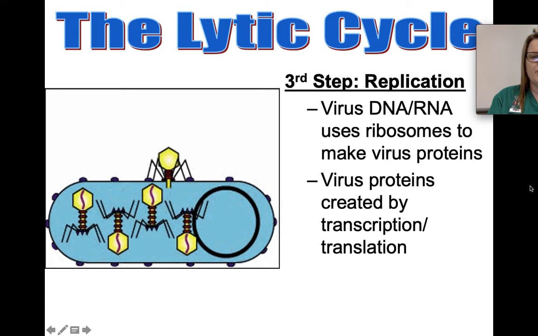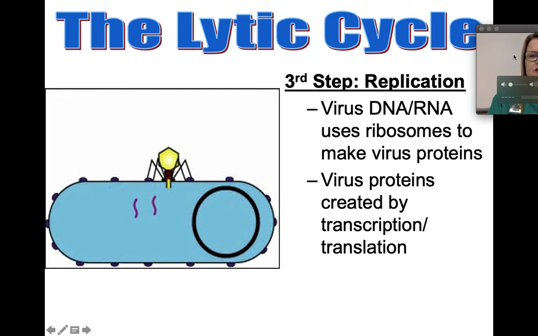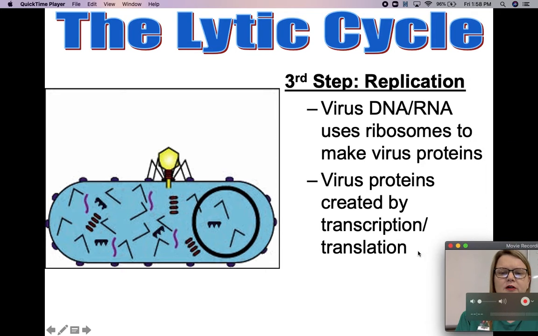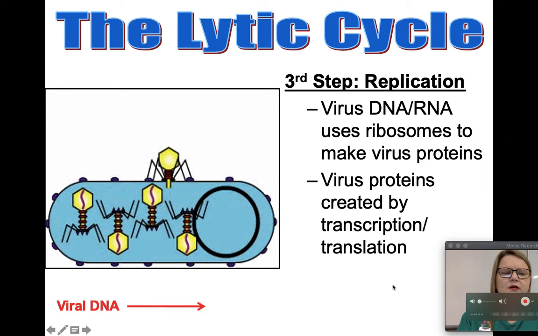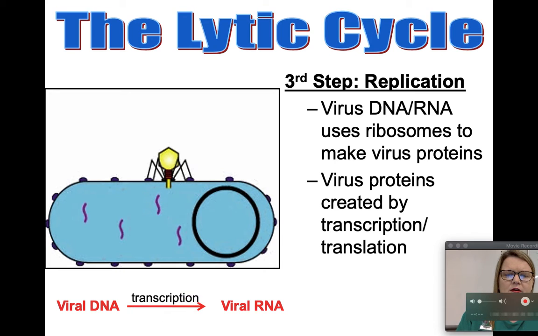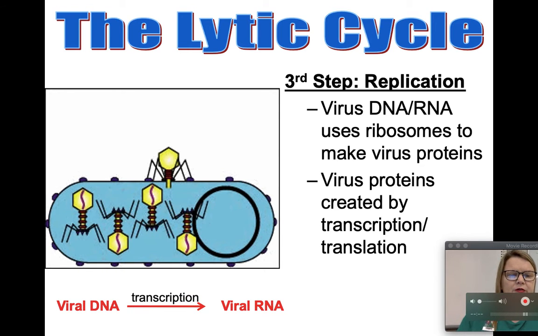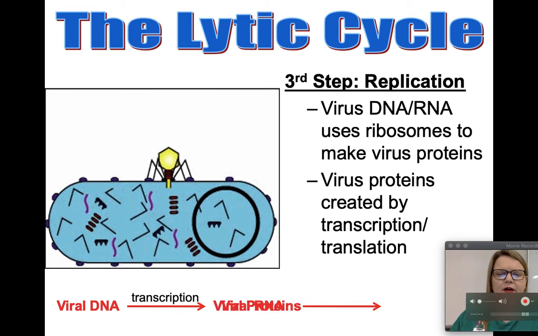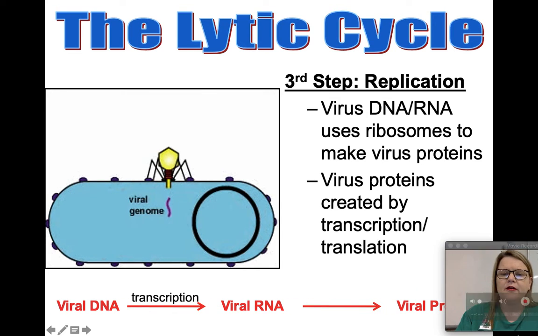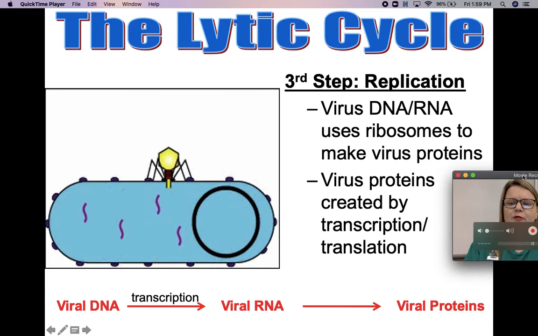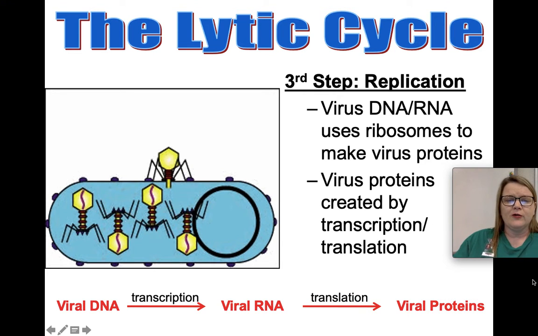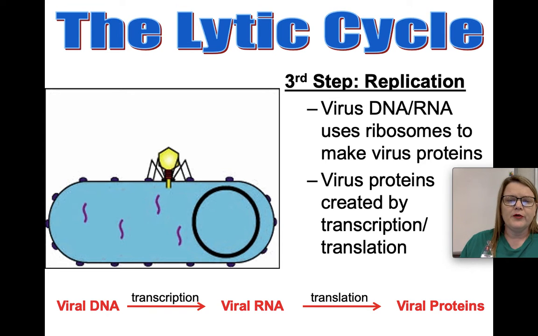Virus proteins are created by transcription and translation, so that's kind of what we studied at the end of first semester. So viral DNA is transcribed into viral RNA, and then the translation of viral RNA into viral proteins.